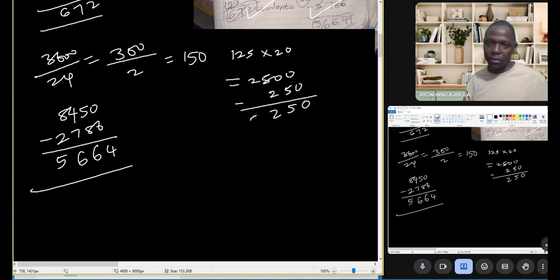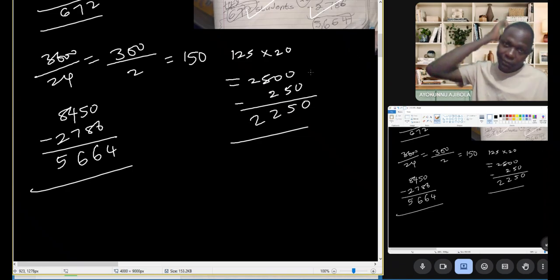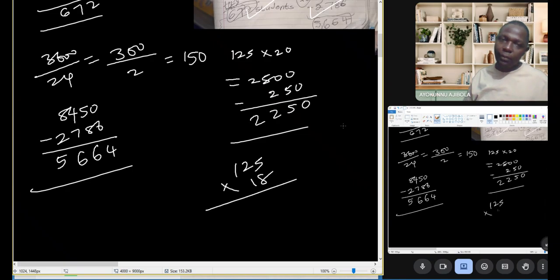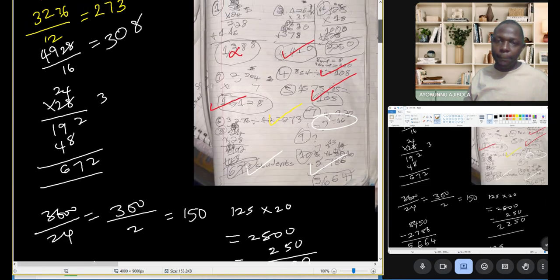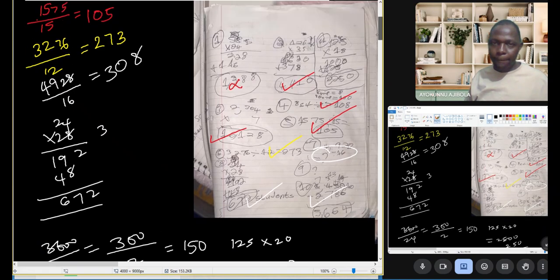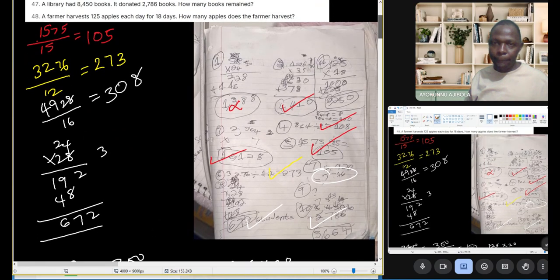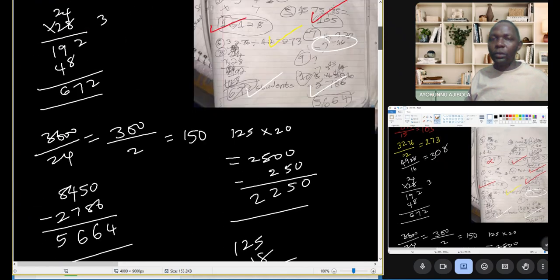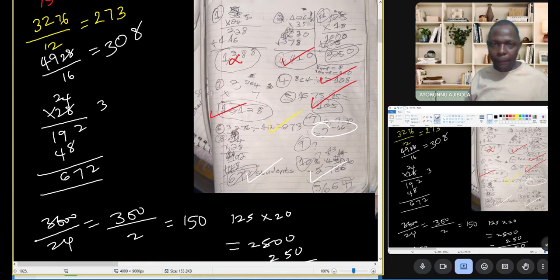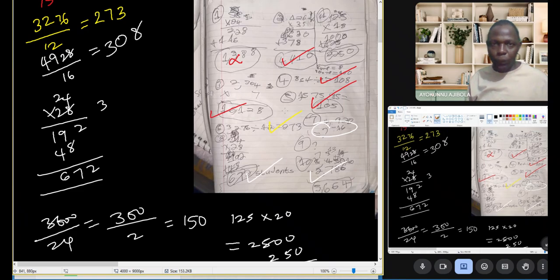This is 2. 2250. Did you get 2250? Scroll up. 125 times 18, right? Yeah. You didn't do it. It's in the corner, next to number 2.